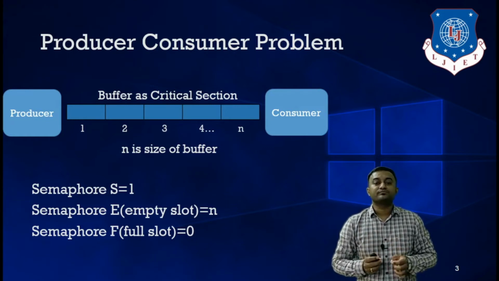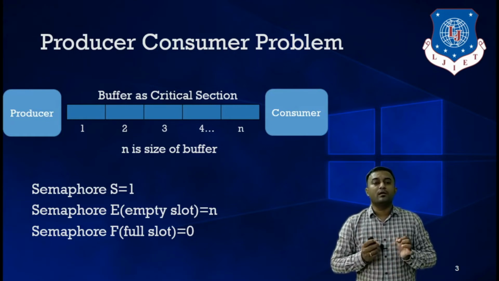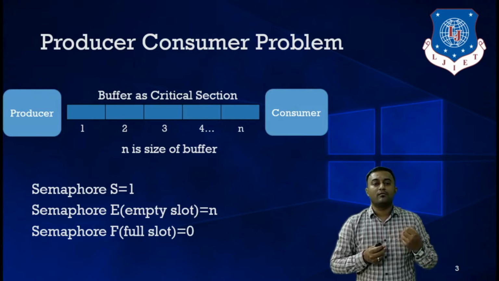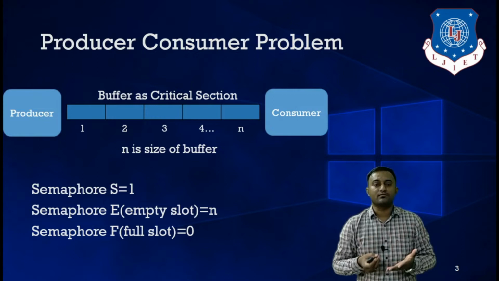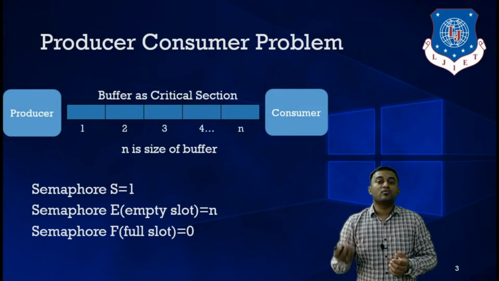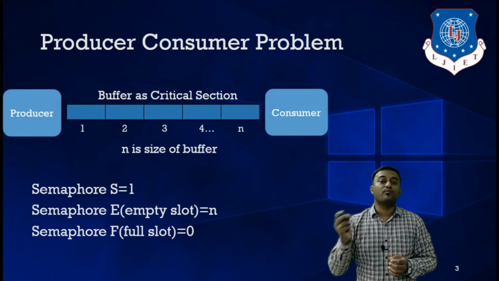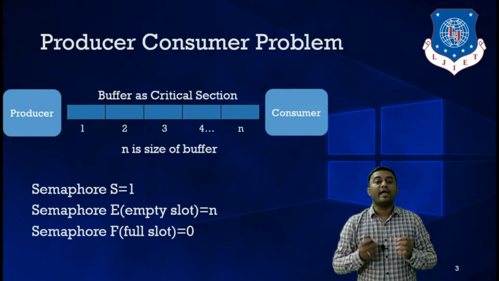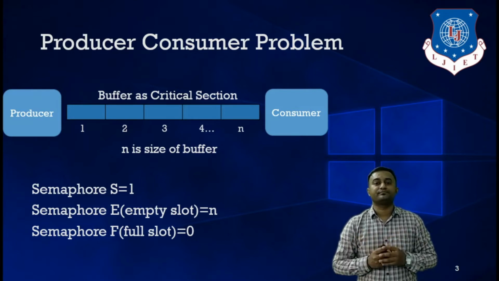Second, we need to check the underflow and overflow conditions. If the buffer is empty, that is the underflow condition. In that case, the consumer cannot perform its task because there is no element in the buffer, or say in the array.